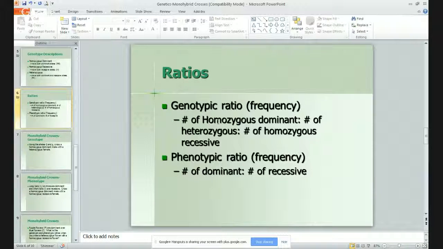Just remember, you're going to have those placeholders. Your phenotypic ratio is how many of them are showing the dominant phenotype. How many brown eyes versus blue eyes? How many have straight hair versus curly hair? Whatever the dominant phenotype is to the number of recessive phenotypes.